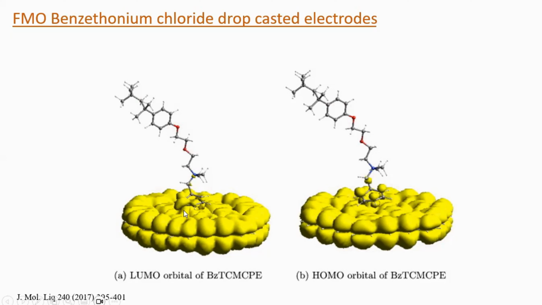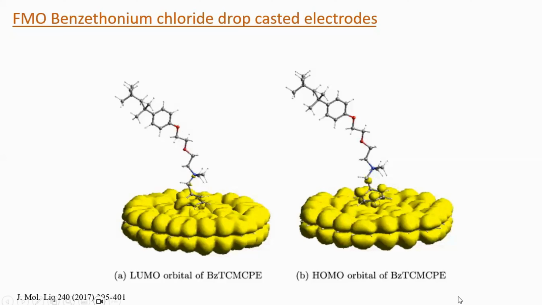LUMO means what is occurring here: I am seeing the dopamine electron transfer. That means from the HOMO orbital of the dopamine, the electron is jumping to here, right? It is nothing but oxidation of the dopamine occurring here. And here HOMO means the electron may jump from the benzethonium chloride to the dopaminequinone. That means reduction of the dopamine.